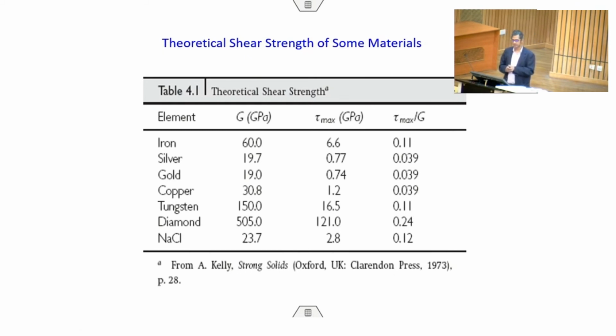This is the value you should get if you apply that formula. Tau max by G is pretty high, even in the case of diamond it is 24%. That is impossible to get in real materials, because real materials have a lot of defects inside, and these defects make the material flow and fail at a much lower stress. That is what it is.